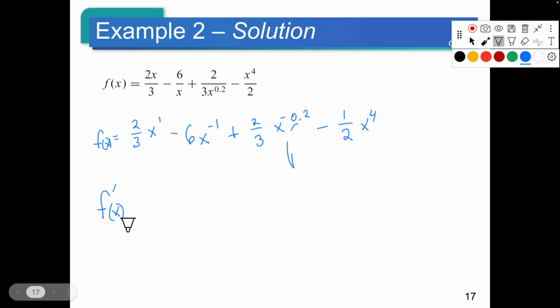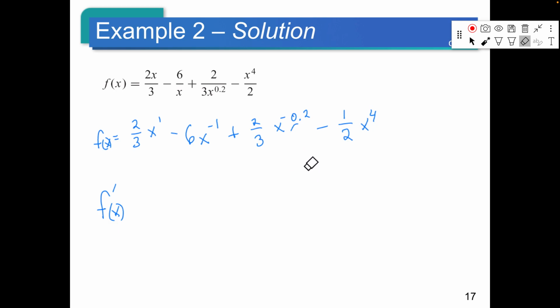So what I'm going to do is take a 45-second break. Let's give you a head start. See how far you can get, and then we'll do it together. So let's see if you can get the derivative. This is the function. All I did is the algebra to rewrite it. So go ahead and take its derivative. Remember, bring the exponent down, multiply, subtract 1.